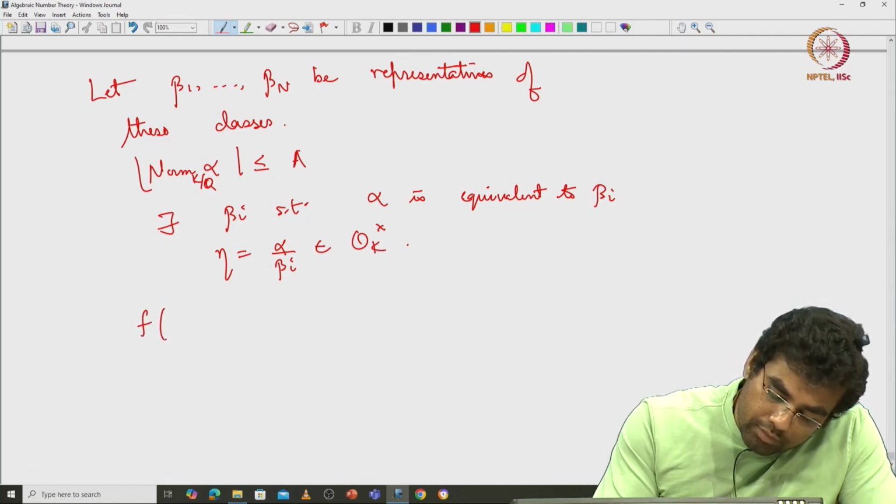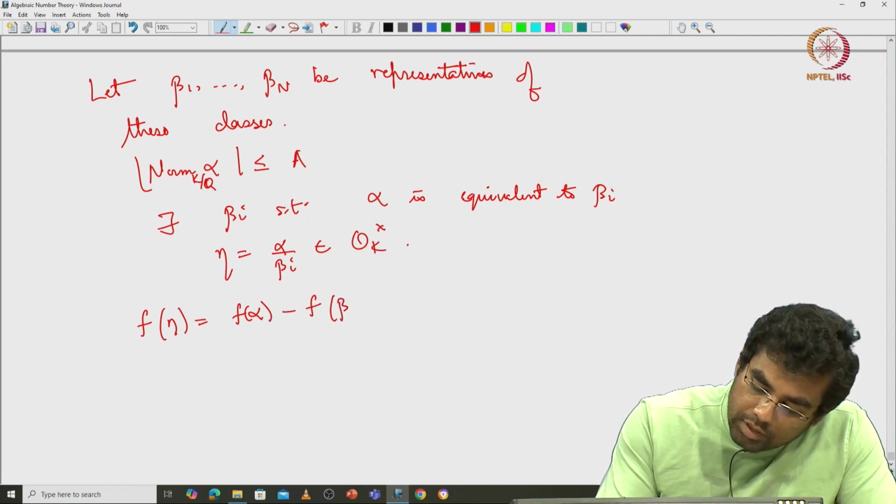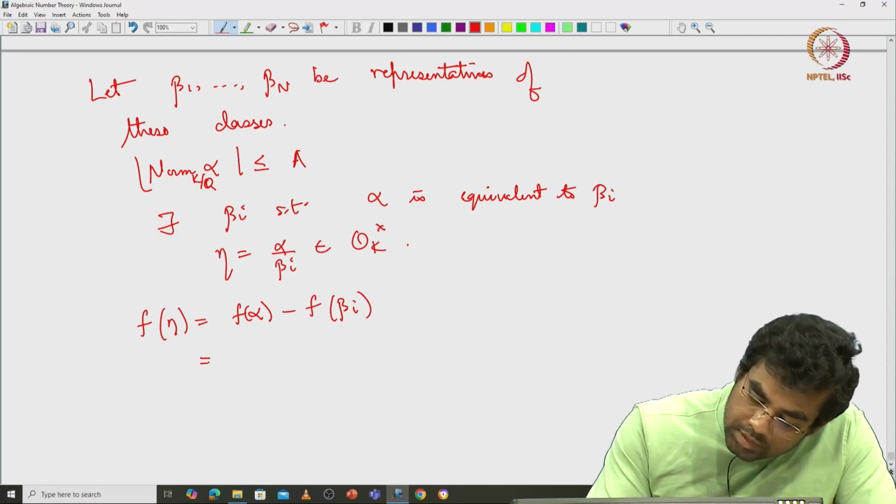So, if you look at f of eta, then this is equal to f of alpha minus f of beta i. Let me remind you what this is.